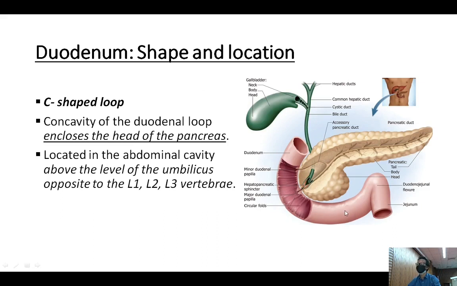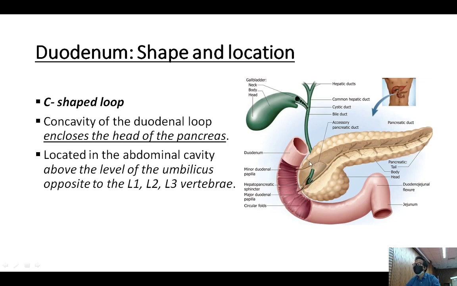It's a C-shaped structure, and inside the concavity of the duodenum, we have the head of the pancreas. The main pancreatic duct opens into the duodenum around this area. This part is known as the major duodenal papilla.